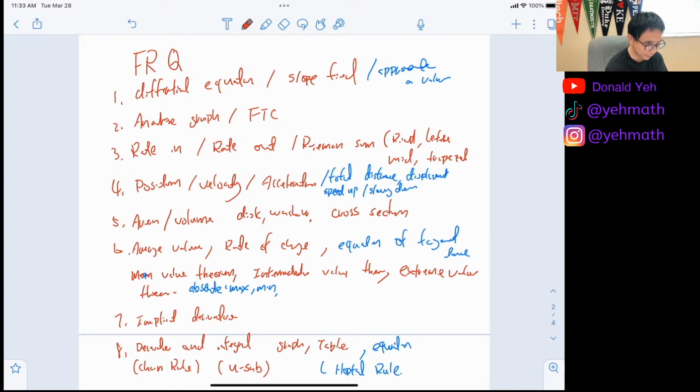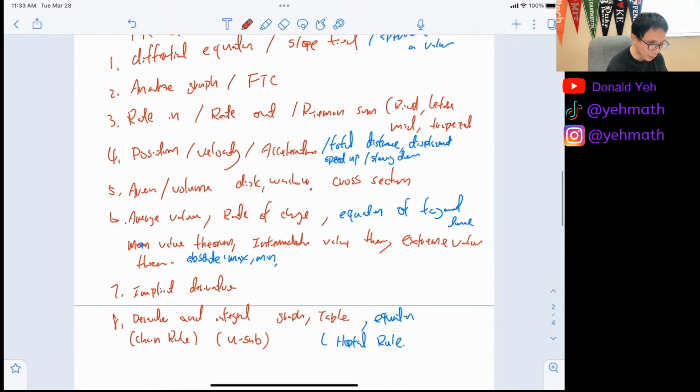Number 5, areas, volumes, disk, washer, cross section. 6, average value, rate of change, equation of the tangent line, mean value theorem, intermediate value theorem, extreme value theorem, absolute max and min.